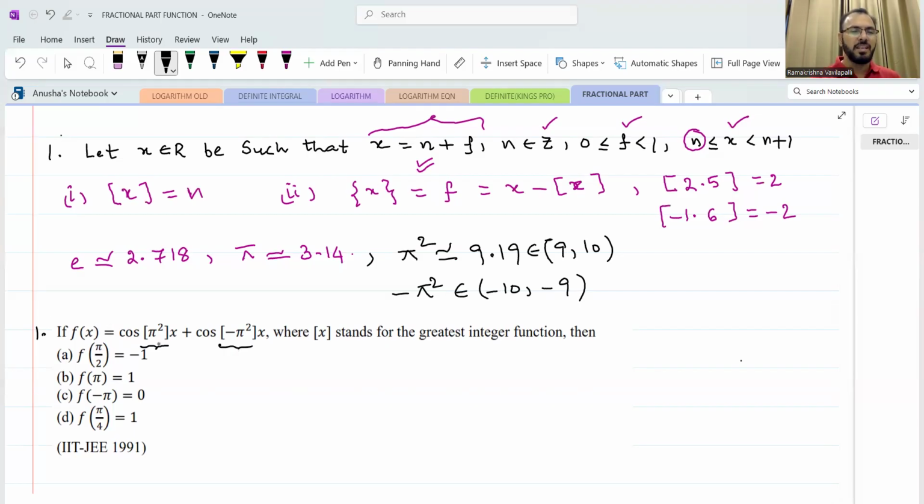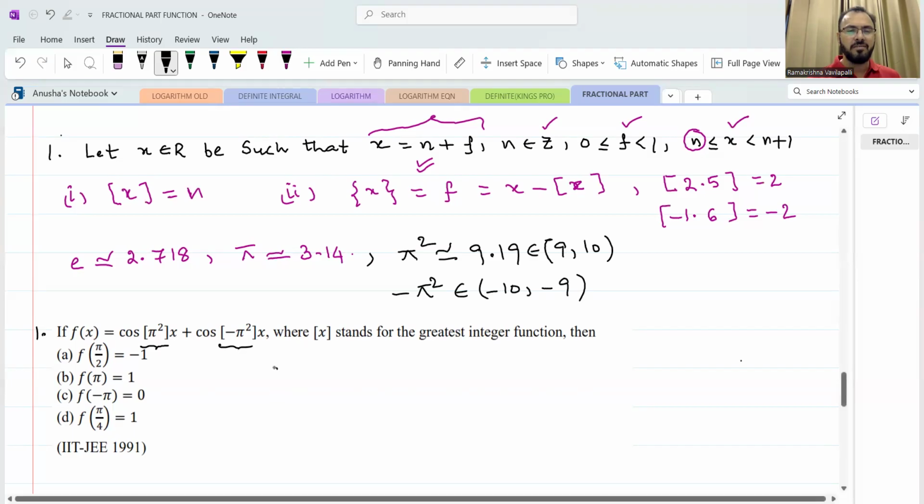So f of x equal to, now what is integral part of pi square? Integral part of pi square is nothing but 9. We consider the left integer. So f of x equal to cos 9x plus cos of, what is integral part of minus pi square?